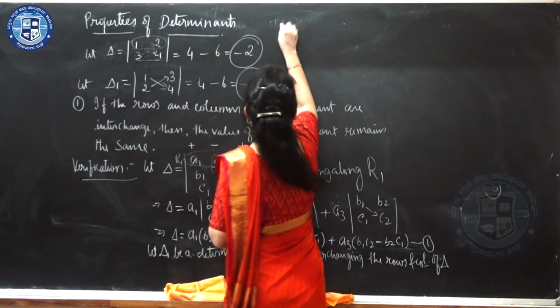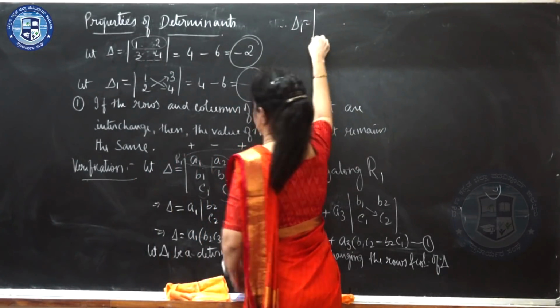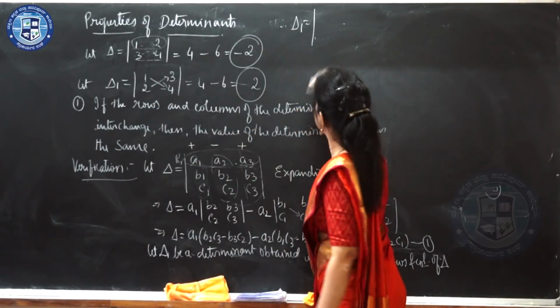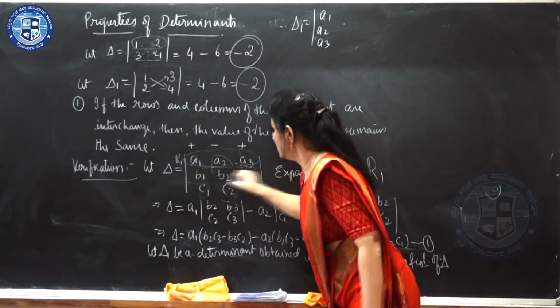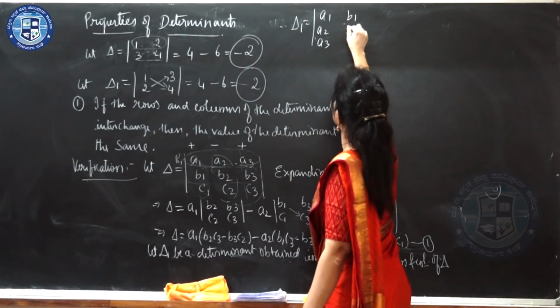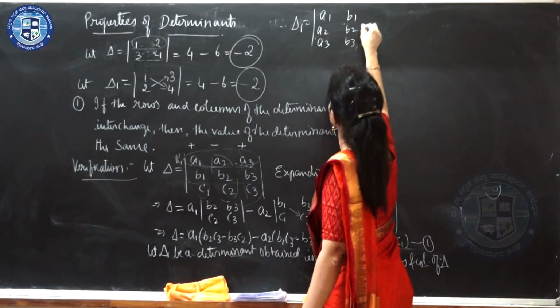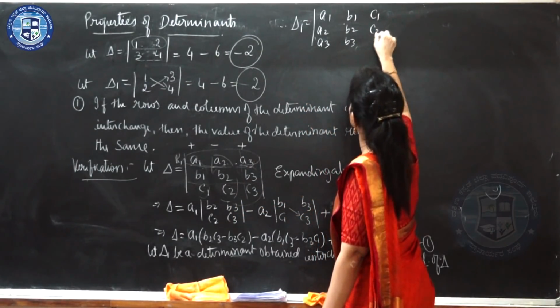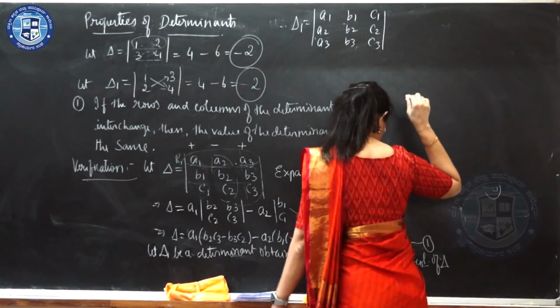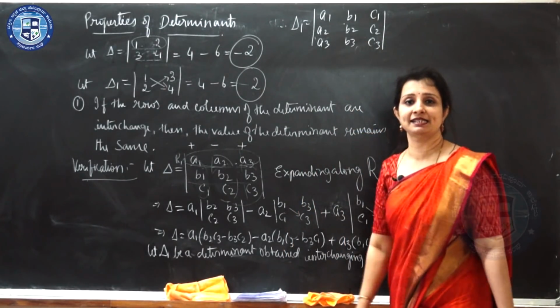Therefore delta 1 equals, the first row changed to first column, A1, A2, A3. Second row, write it as second column, B1, B2, B3. Third row, write it as third column, C1, C2, C3. Now, can we expand it?